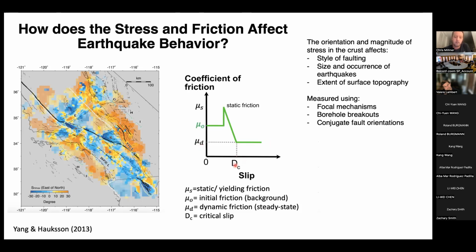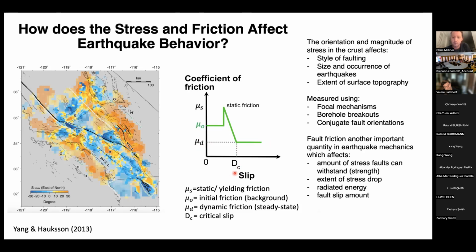And that typically occurs at a slip amount called d sub c, which is the critical slip distance. Okay. And so fault friction is important for understanding how strong faults are, what amount of stress the faults can resist, the extent of the stress drop, the amount of radiated energy, and it can also affect the amount of fault slip too.